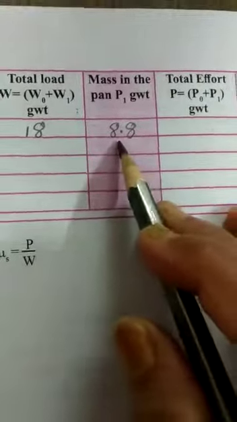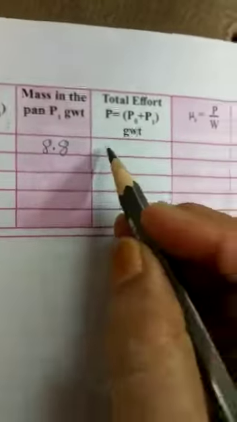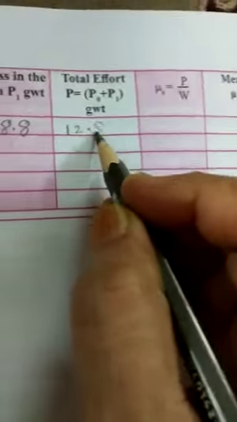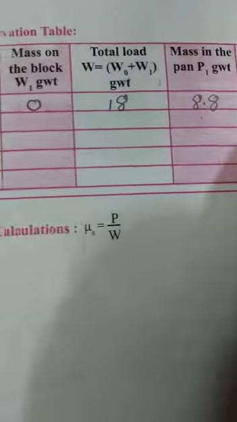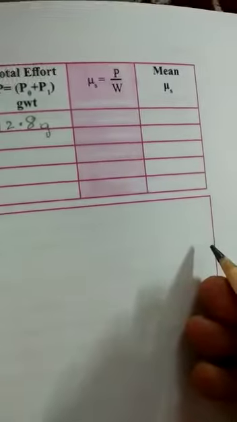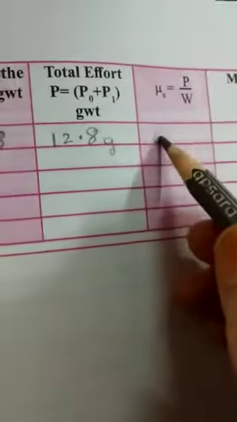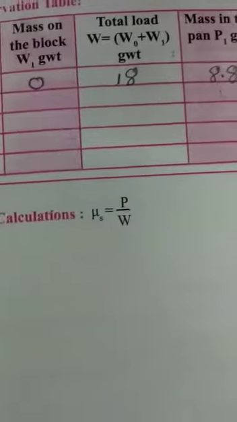Then we add P0, which is 4, to get 12.8 gram weight. Then we divide P by W, which gives 0.7111.